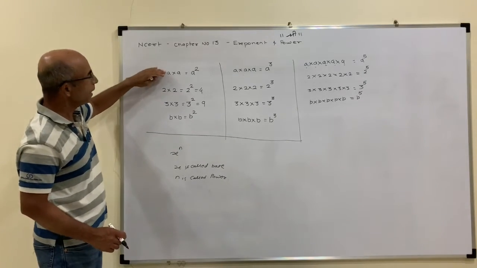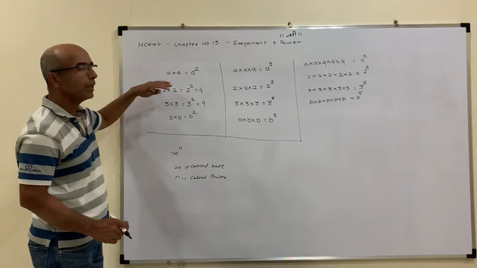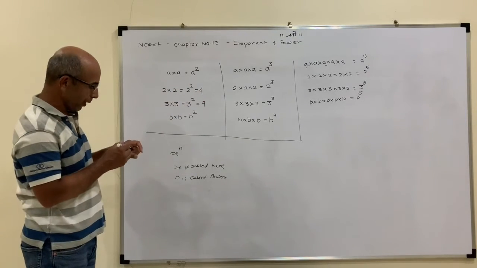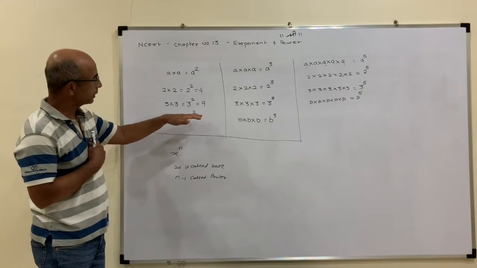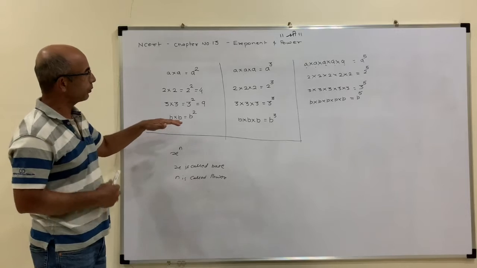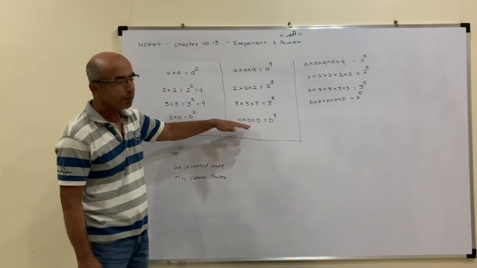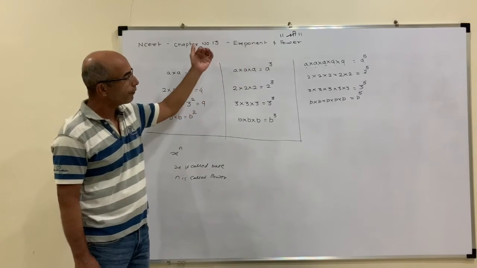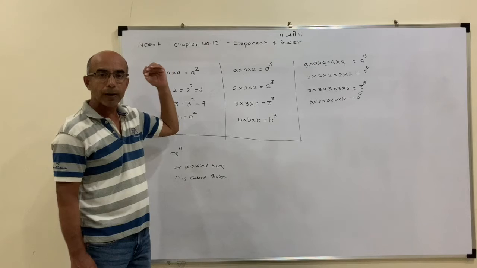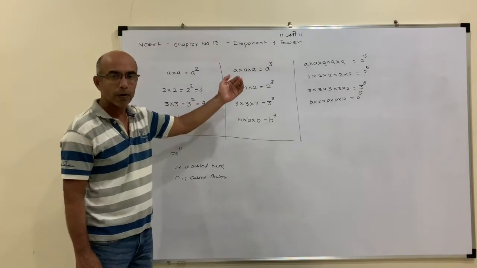So when a is multiplied by itself, it becomes a square. When 2 is multiplied by itself, it becomes 2 square. When 3 is multiplied by itself, it becomes 3 square. Similarly b square, then a cube, 2 cube, 3 cube, or b cube. Similarly, I have given you an example of raised to the power 5. When a is multiplied by itself 5 times, it becomes a raised to the power 5.